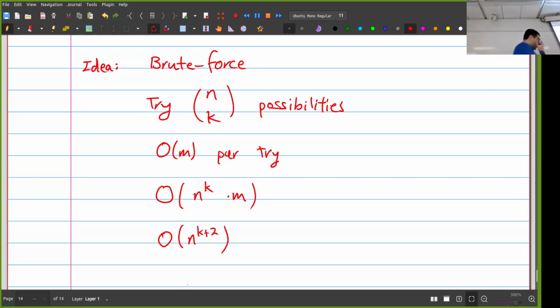Okay. Now, of course, this is not polynomial time. But if you only care about the instances of the algorithm where k is small, if in all the real world instances that are given to you, k is at most 2, then this is n to the power of 4. So it's polynomial time if k is a constant. Okay.